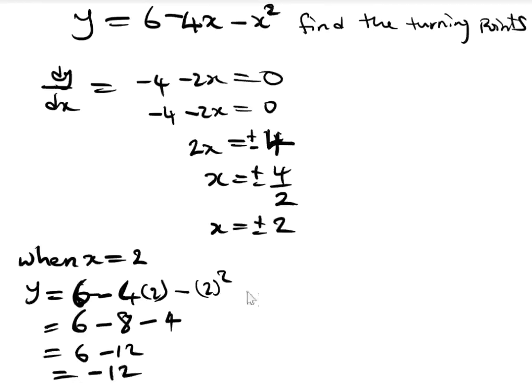This implies that for x equal to 2, y is minus 12, then the point will be 2 and minus 12.